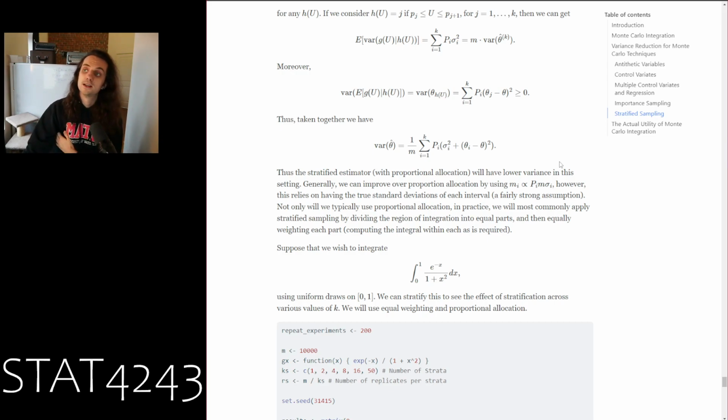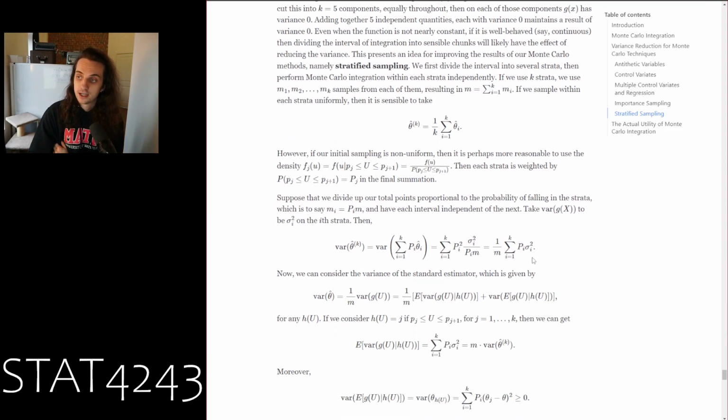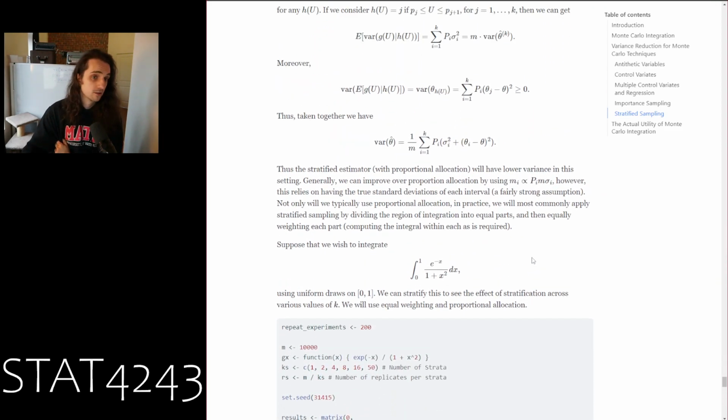So we're not going to be trying to cleverly split this up. We're just going to say, 0.2, 0.2, 0.2, 0.2, 0.2. In this case, that works out quite nicely, but we're just going to divide it equally. And then we're going to use proportional allocation within each of those, right? So typically that's how we're going to do it, but this actually still works even if you're not using proportional allocation, or even if you're not dividing the region evenly.